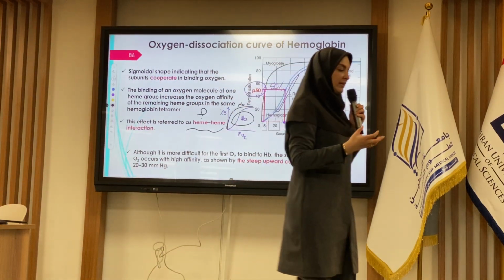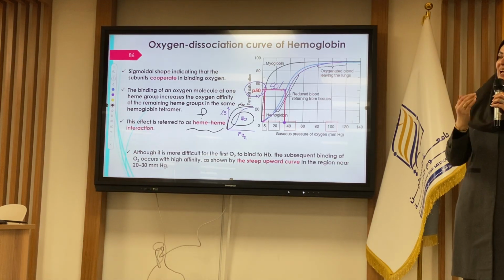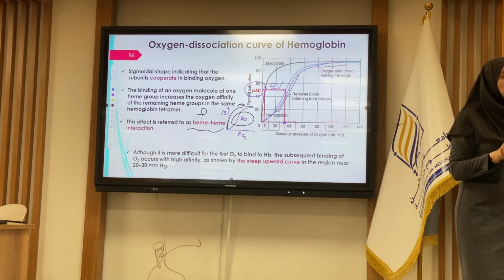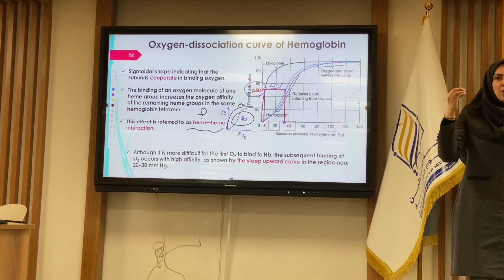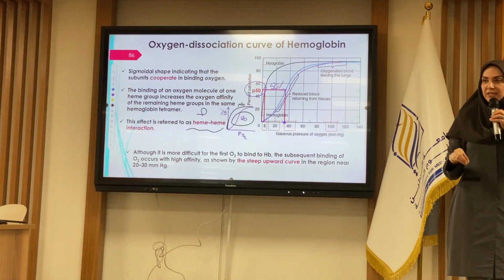Whenever 4 molecules of oxygen bind to the hemoglobin, the affinity of the first and the last one is not equal. They bind to the hemoglobin with a different affinity.